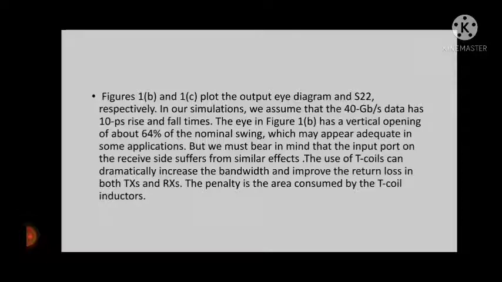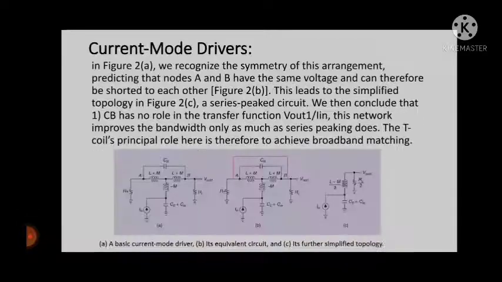The use of a T-coil can dramatically increase the bandwidth and improve the return loss in both transmitters and receivers. The penalty is the area consumed by the T-coil's inductor.